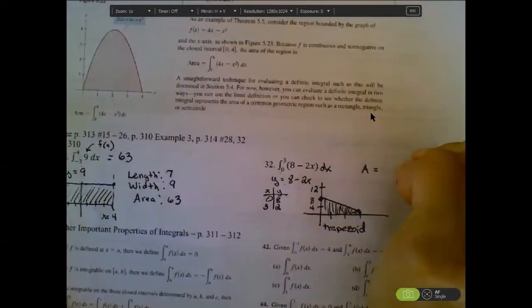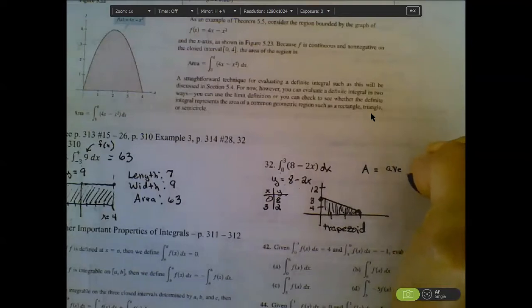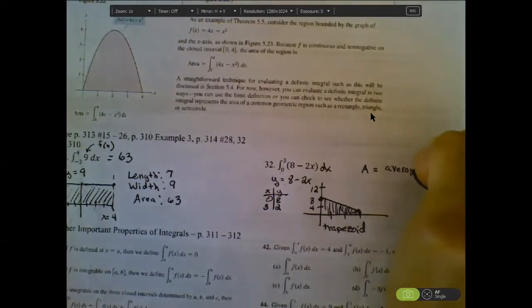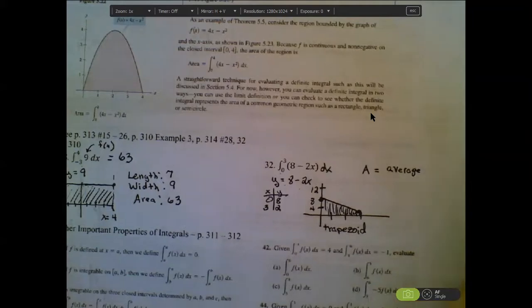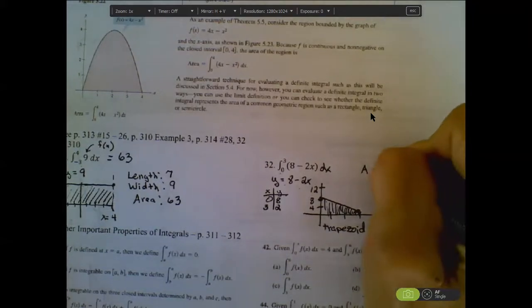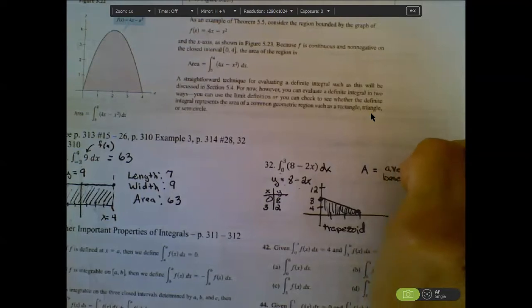It's the average base height times the width.